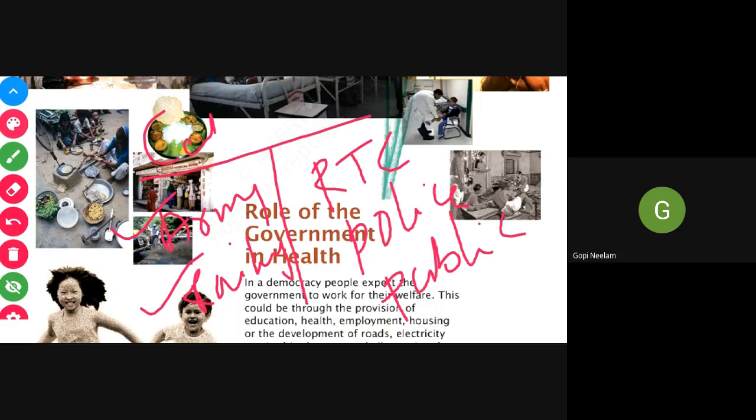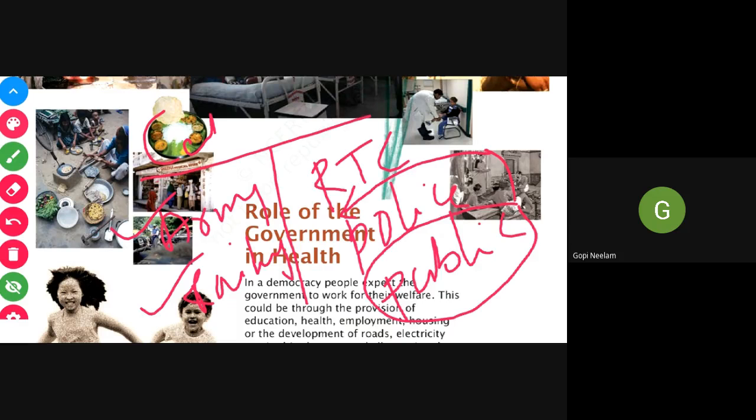It is clearly mentioned that in this list, providing public health, sanitization, and proper medication is the primary responsibility of the state government. Of course, the central government also provides some help, some medicine or whatever is required, but ultimately it is the responsibility of the state government.